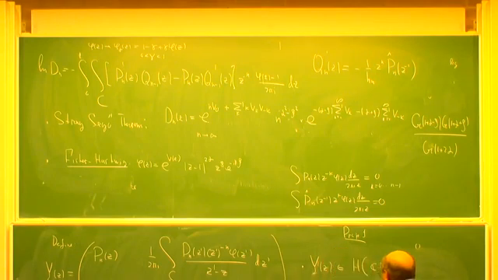It has jumps, which are triangular. And at infinity, it behaves as 1 plus O of Z to the minus n, Z to the n. So I claim that this object satisfies these three properties.